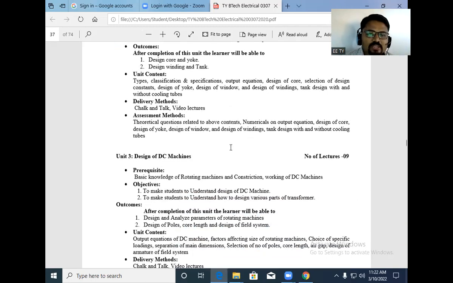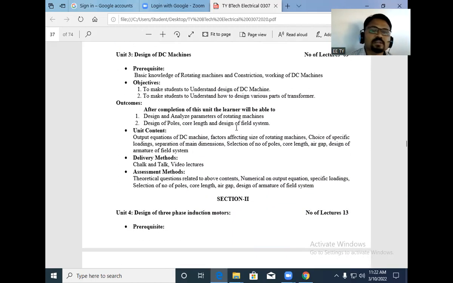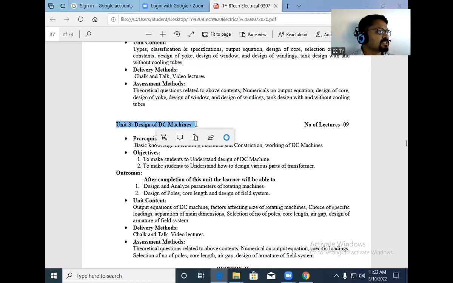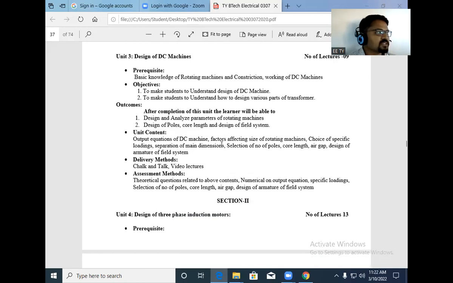Okay, now give the next, the third chapter, design of DC machines. Below that write down its sub points. First, output equation of DC machines.